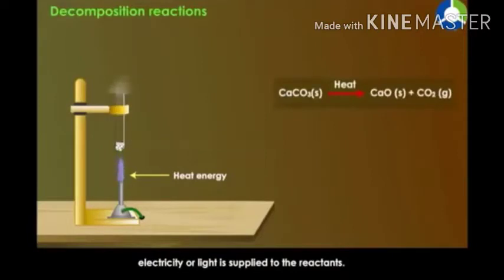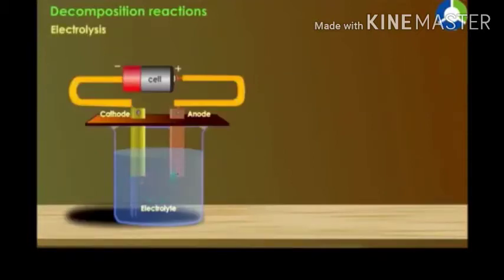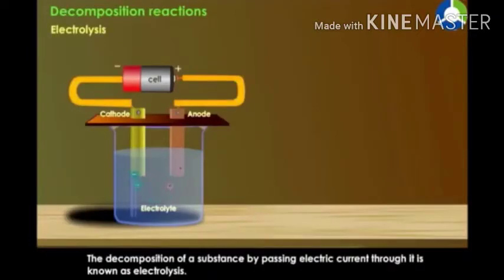CaCO3 when heated gives CaO plus CO2. Decomposition of a substance by heating is thermal decomposition. Electrolysis: the decomposition of a substance by passing electric current through it is known as electrolysis. Sodium chloride, 2NaCl, on passing electric current gives sodium, 2Na, and chlorine, Cl2.